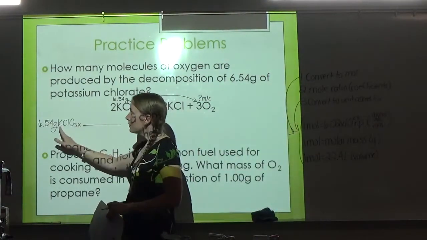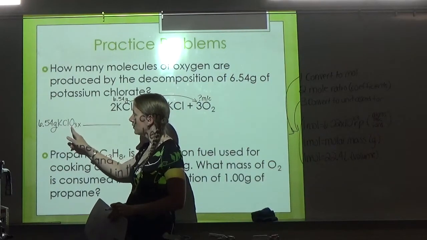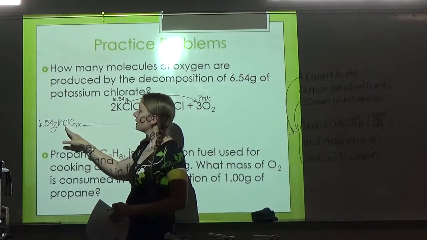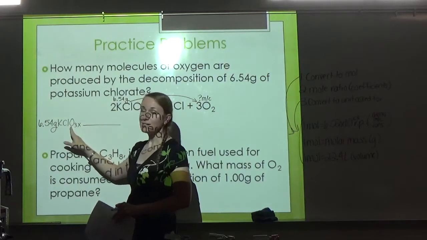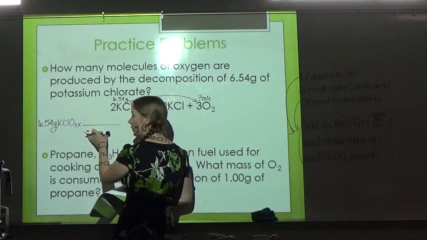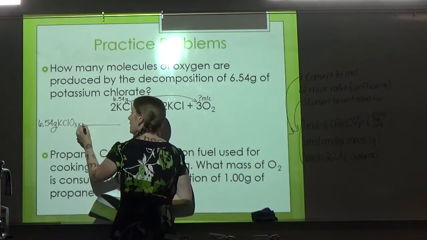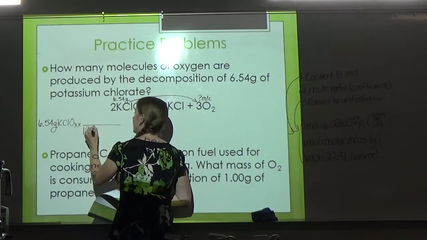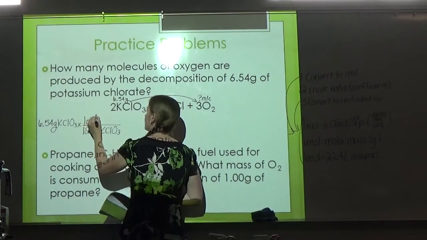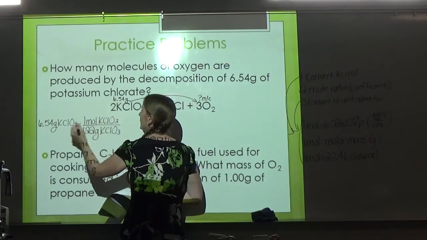So I'm going to add up the molar mass of KClO3. K is about 39, Cl is about 35, oxygen is about 16 times 3. So when I do that, I get 122 grams per mole. So since the grams is on top, I'm going to put the 122 grams on bottom, and then molar mass always equals 1 mole. So the 1 mole will go on top.